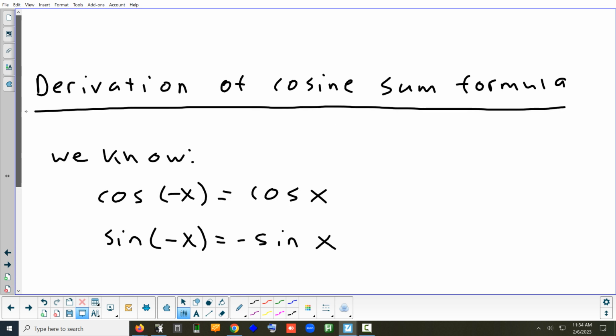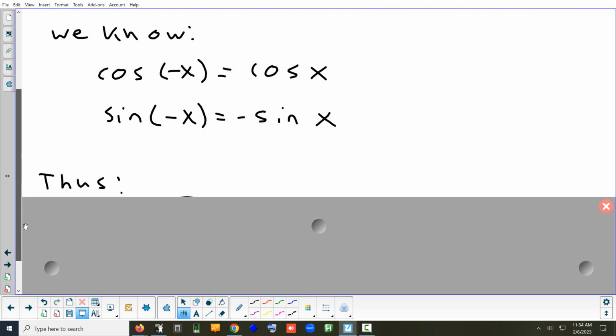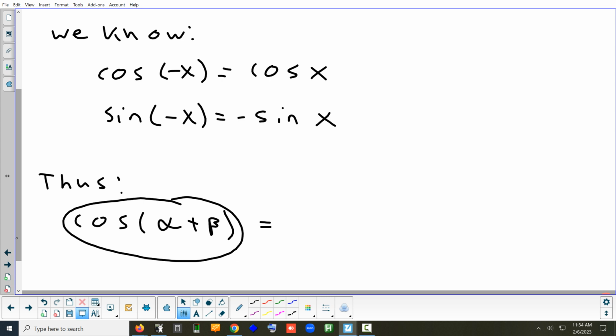All right. So we want to figure out the cosine sum formula. Well, which formula do we know right now? We know the difference. So let's write what's inside the parentheses as a difference. Is this the cosine sum formula that we're writing? It's going to be, yeah.